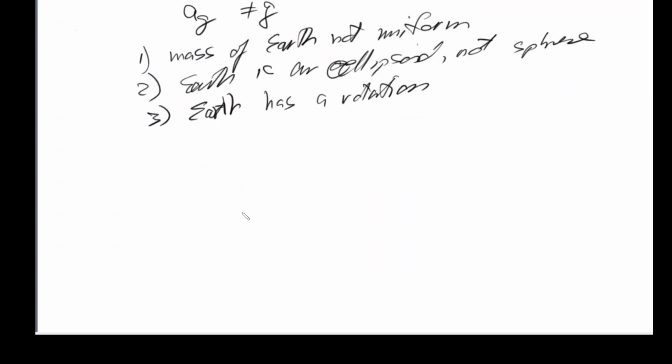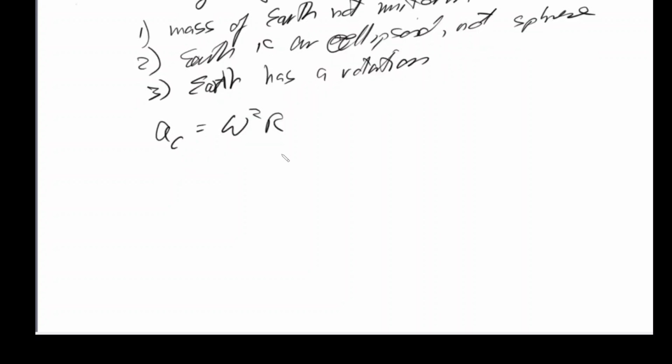So the Earth has a centripetal acceleration. A centripetal is equal to omega squared times r. That reduces the observed weight of an object except at the poles where there is no rotation.